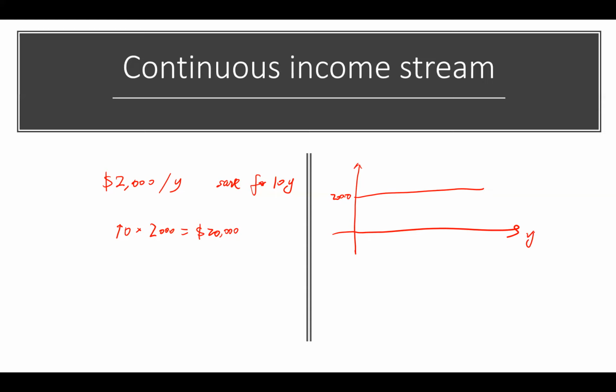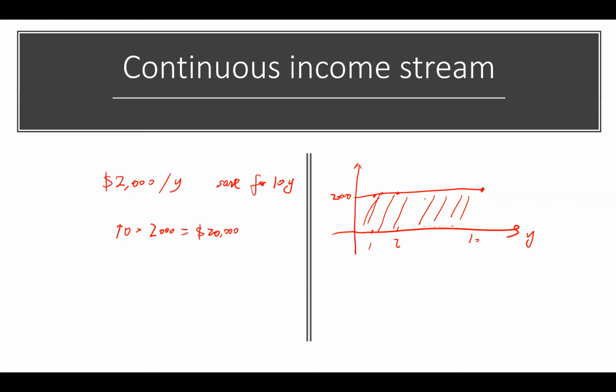For example, for year one, we save 2,000. Year two, we save 2,000, etc., all the way to year 10. So now the question asks, what's the total amount that we save in 10 years? It's just the area under the curve, which represents the total wealth accumulated across this range.